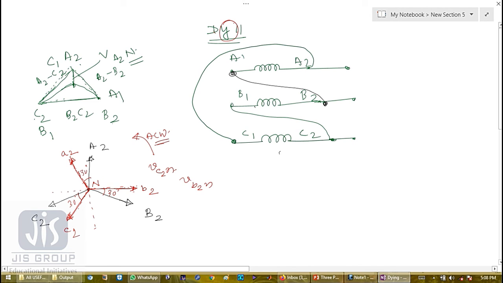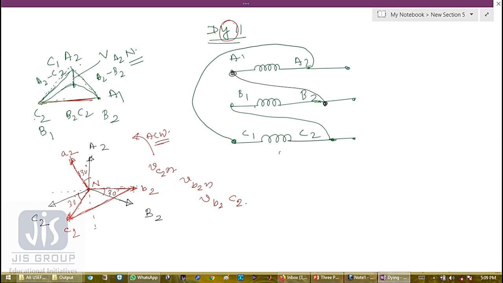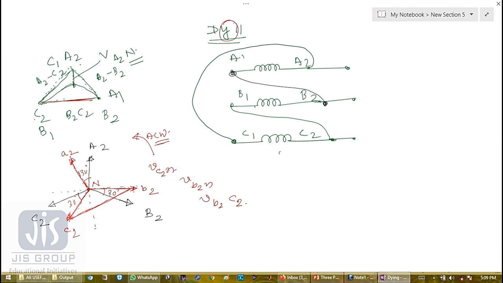Okay. So if we join these two terminals, this is my line to line secondary voltage V2, C2. And what is my primary side line to line voltage? This is V2, C2. So this is my primary side line voltage.